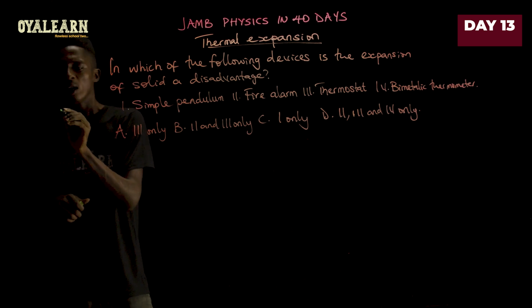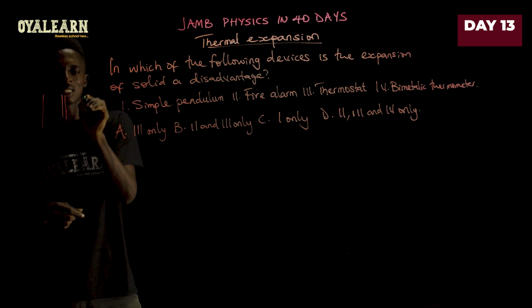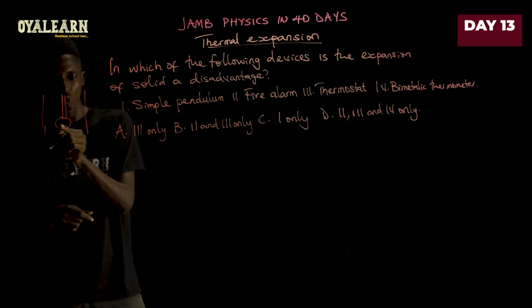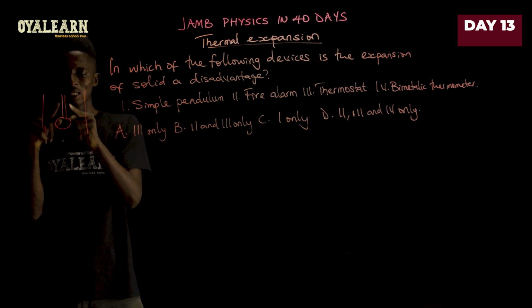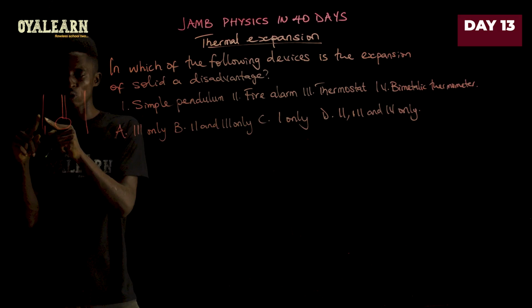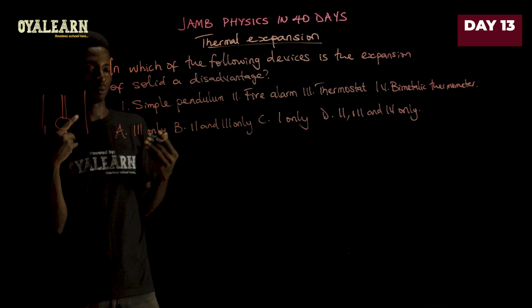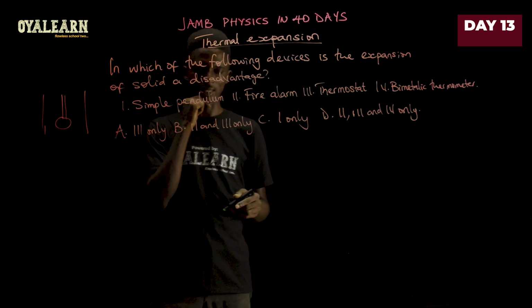Like for example, the pendulum clock, you see it is in a chamber like so, and then this begins to swing about like this. If expansion should occur, it will make this longer, which means by the time it swings, it's going to be hitting these barriers that we have here, and we wouldn't want that. So it will be a disadvantage in this case.